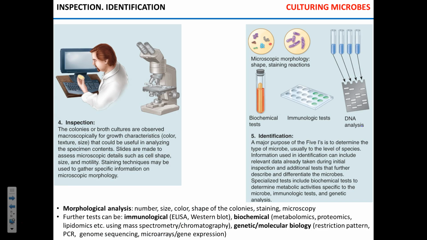Inspection and identification. Well, inspection, we're not going to have a quiz today, no worries. Inspection, you did that already. Often, when you know the source of an inoculum, and you see the colonies, the size, the shape, the color, you can pretty much guess what it is. Not guess, but almost identify them.